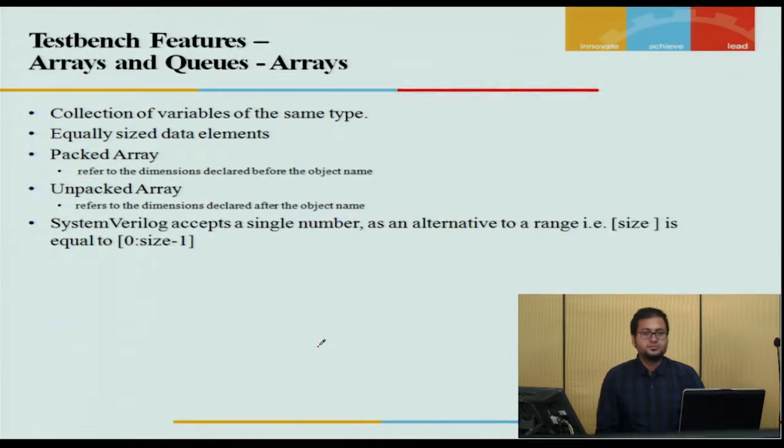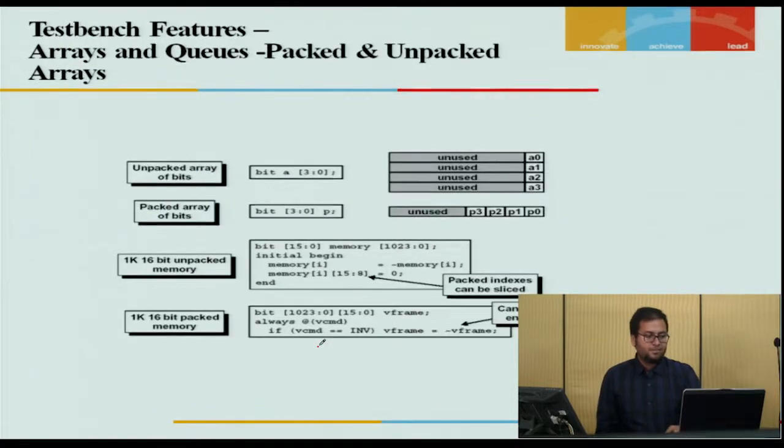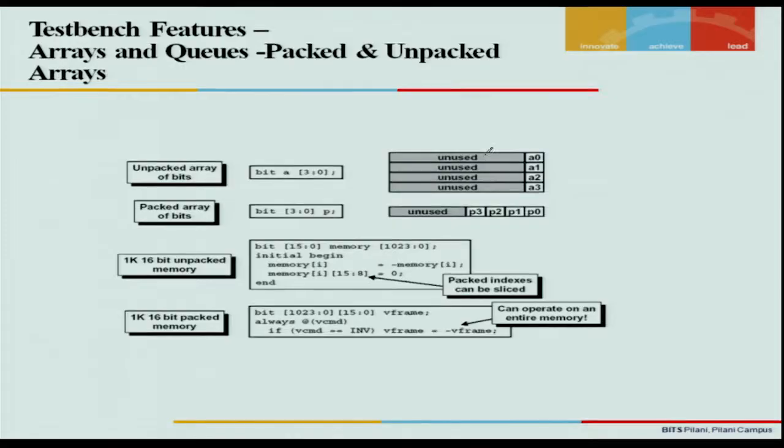Okay, so in case of packed and unpacked arrays, you have bit [3:0]. In this case you can see that these memory locations are unused, and this array A is of 4 memory locations, each occupying a single bit.